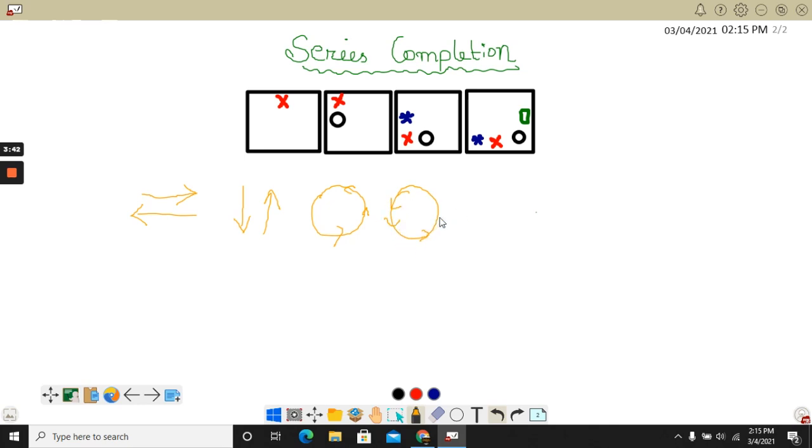Sometimes it can be a mirror image also, like if the figure is like this, the other figure will be in this sequence. So this is called mirror effect.